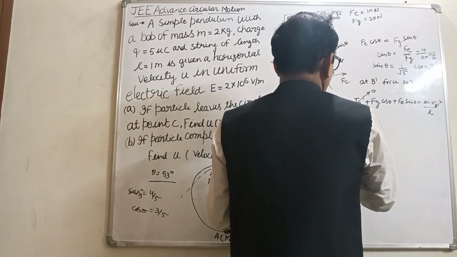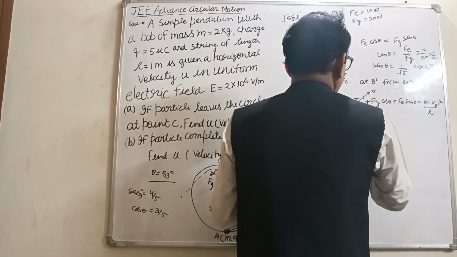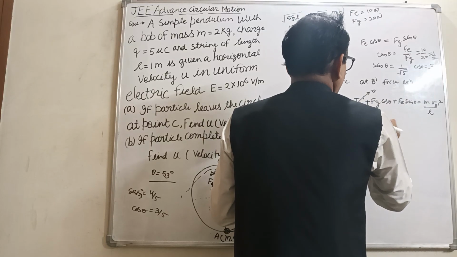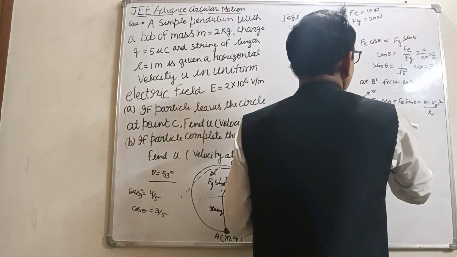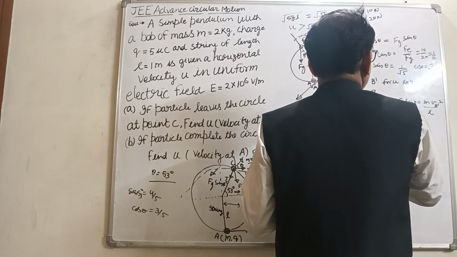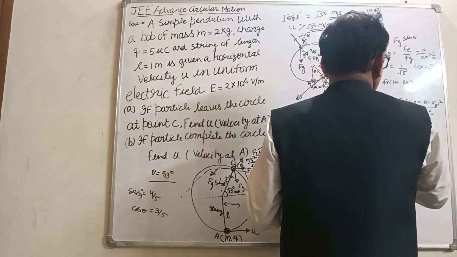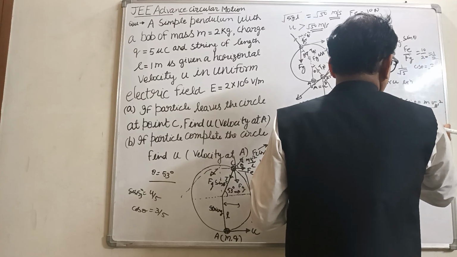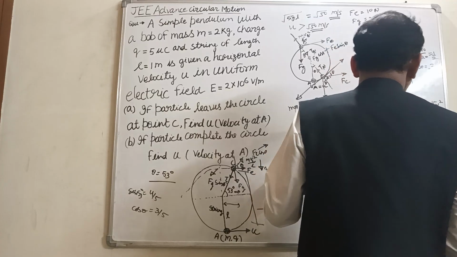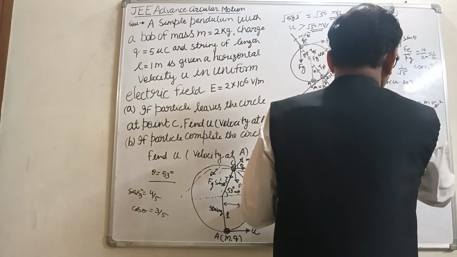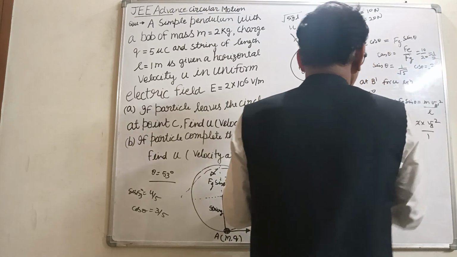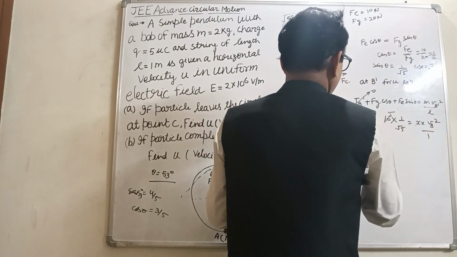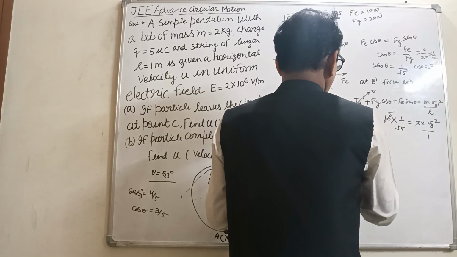Fg is 20, and cos theta is 2 by root 5, Fe would be 10, and sin theta is 1 by root 5.